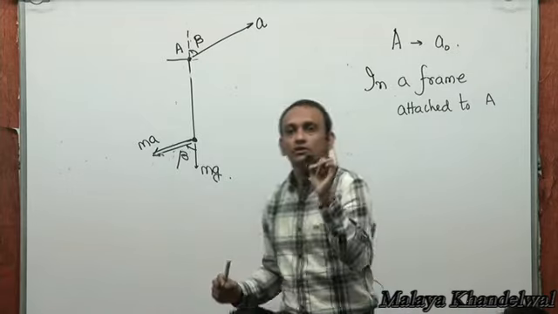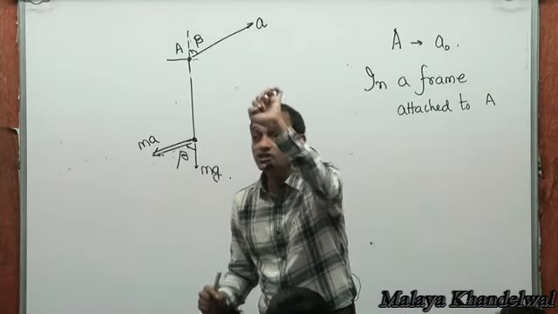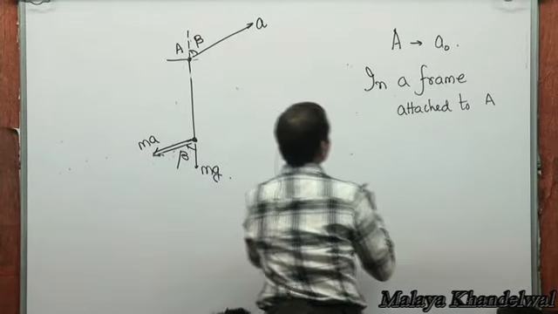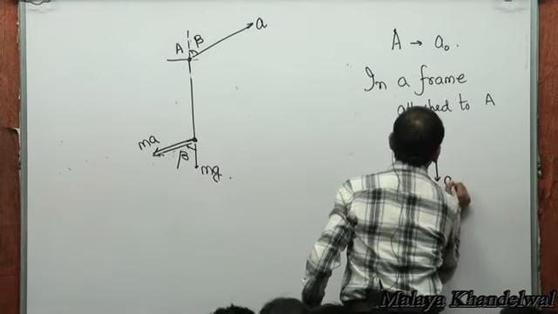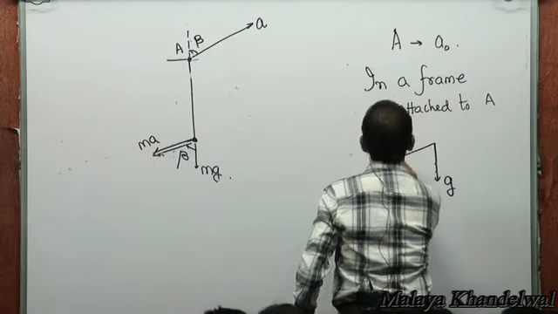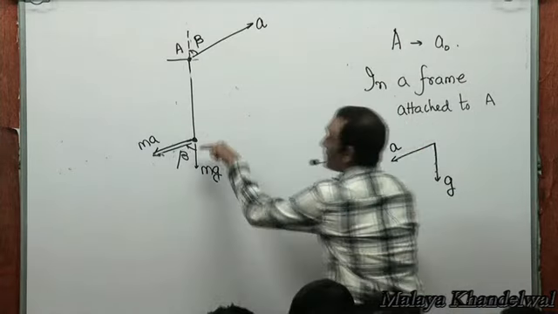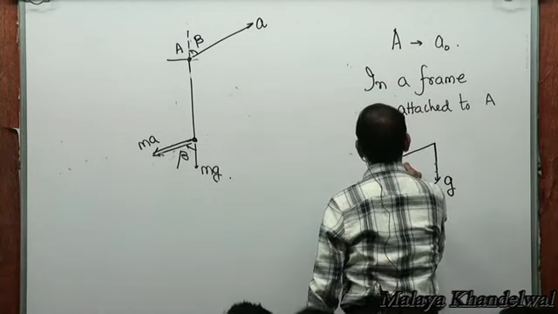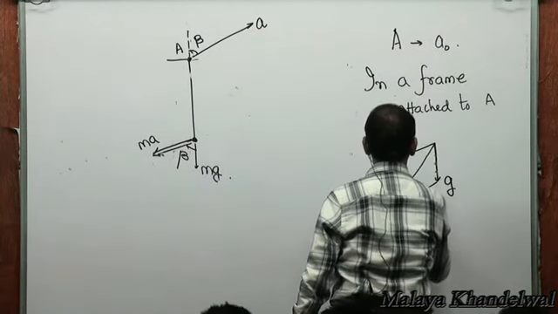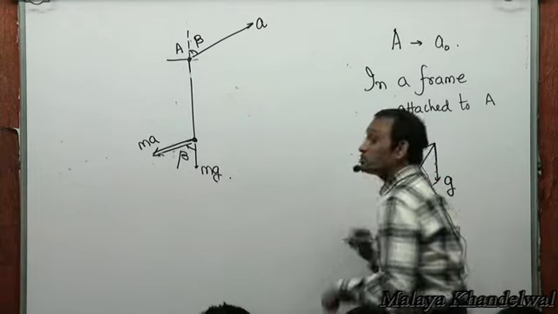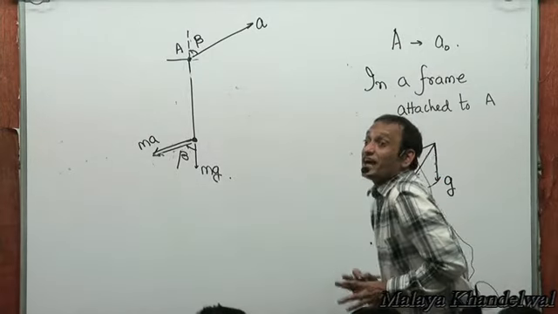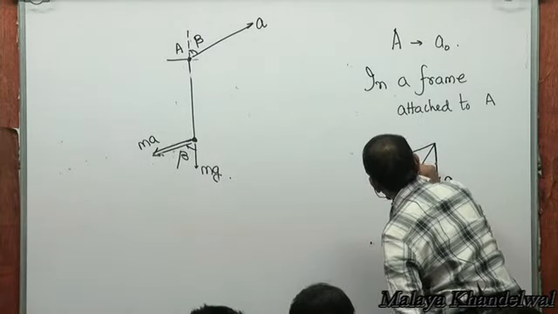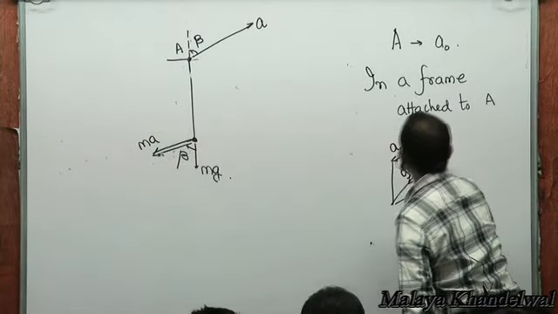See, time period 2 pi root L by g. This time the g gets revised. The effective g would be the resultant of this g and this a, and this would be g in a frame of reference attached to A, the point of suspension.